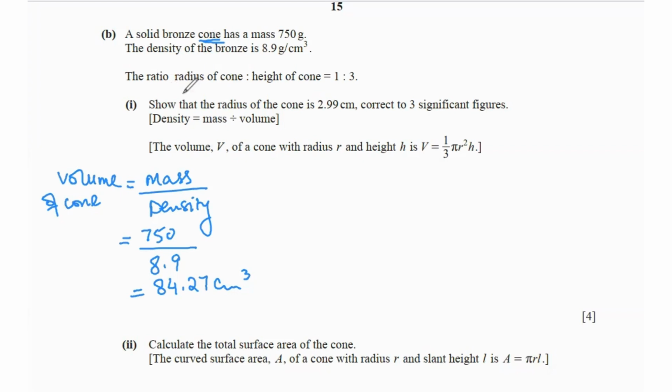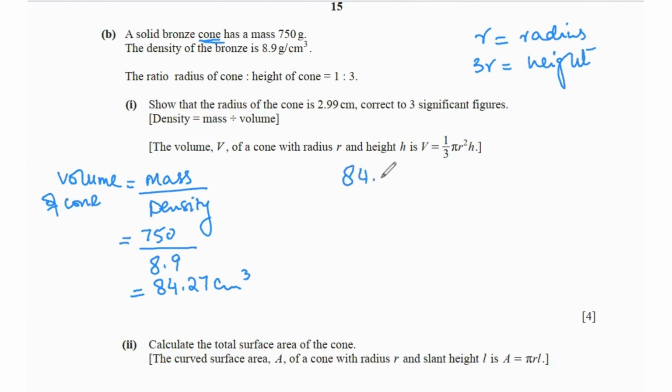We know that the ratio of the radius of the cone to the height of the cone is 1:3. So if R is the radius, 3R is your height. Let's assign variables to it because we're trying to find the radius, which is 2.99.